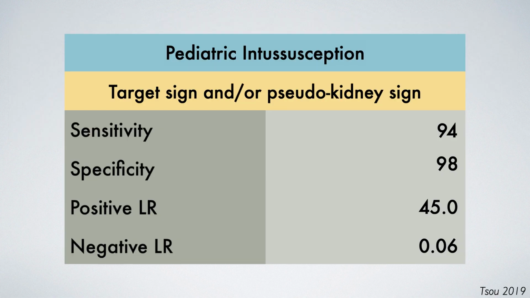And it turns out, as ED providers, we're not too bad at identifying intussusception with POCUS. A systematic review showed in a sub-analysis that ED providers had a sensitivity of 94% and a specificity of 98%.